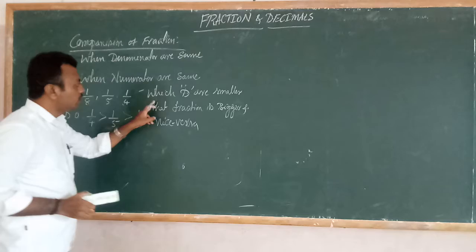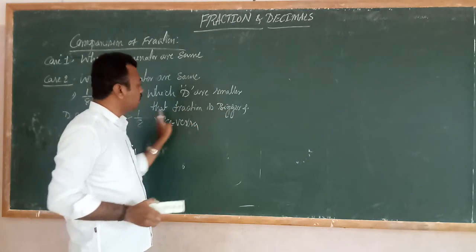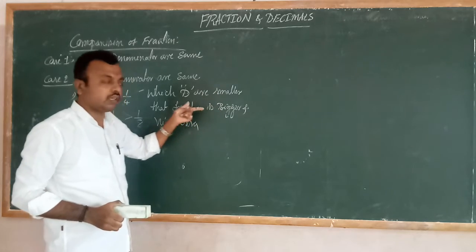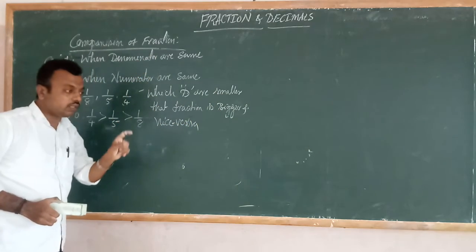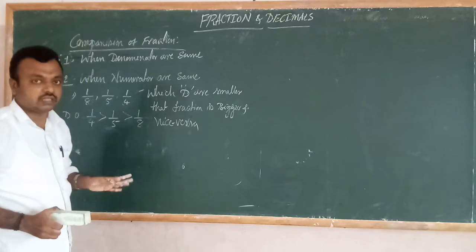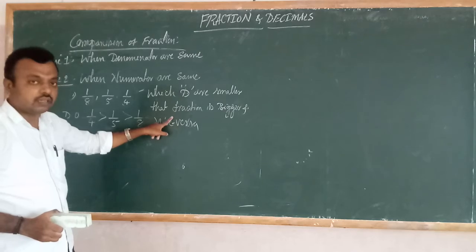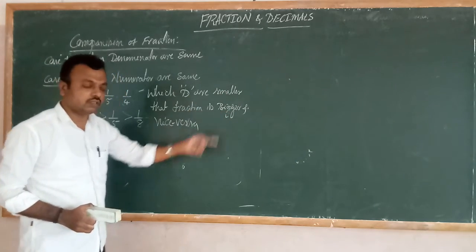Opposite. Whichever denominator is bigger, that fraction is smaller. But in case number 1, whichever numerator is smaller, that fraction is smaller, and whichever numerator is bigger, that fraction is bigger. In this case number 2, smaller means bigger, bigger means smaller. Have you understood? Very simple.